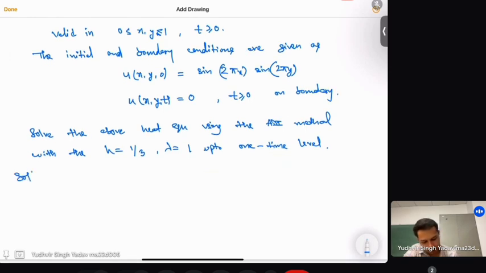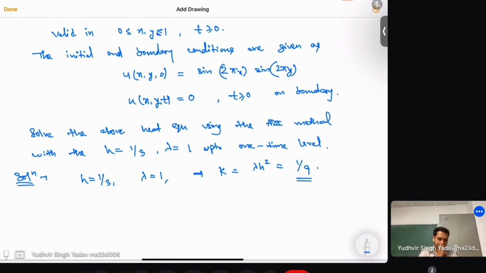So I will just give a simple outlook for this problem, and then you can try it on your own, and you can ask in the next session if you are unable to solve it. What is given here is h is 1 by 3, lambda is 1, which implies k equals lambda h square, that is nothing but 1 by 9.